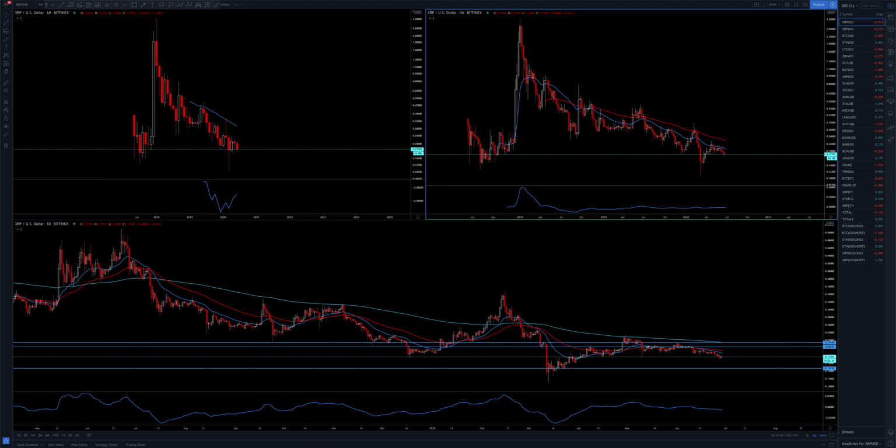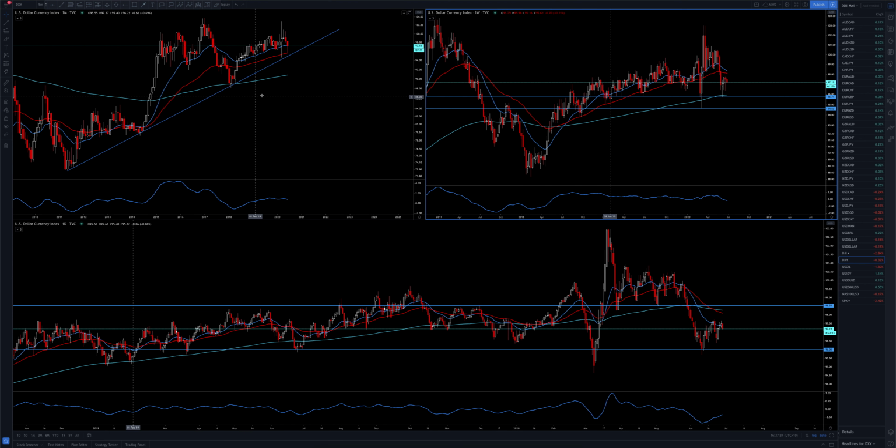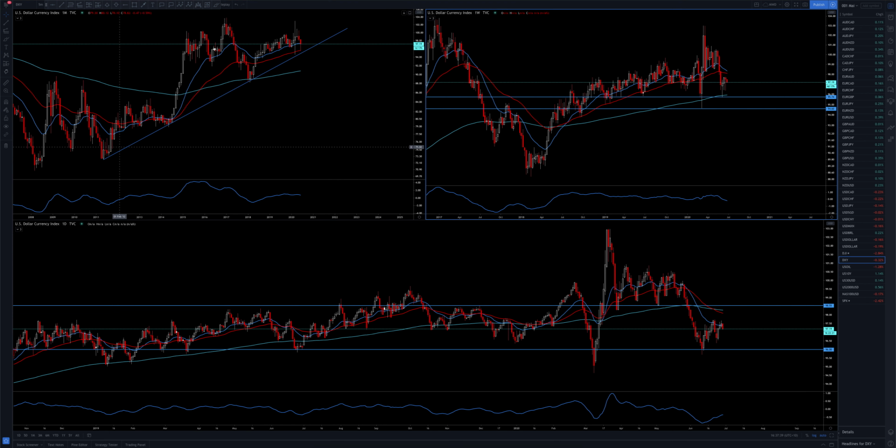Anyway, that's pretty much it, guys. Oh, actually, we can talk about currencies. We'll look at the dollar index. So the dollar index, and you'd expect this, has pulled back a bit, and funnily enough, the stock market has gone up. And these two usually are an inverse correlation.